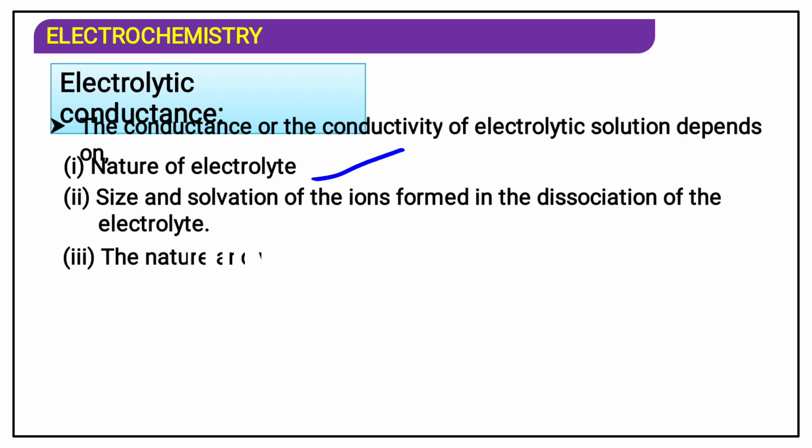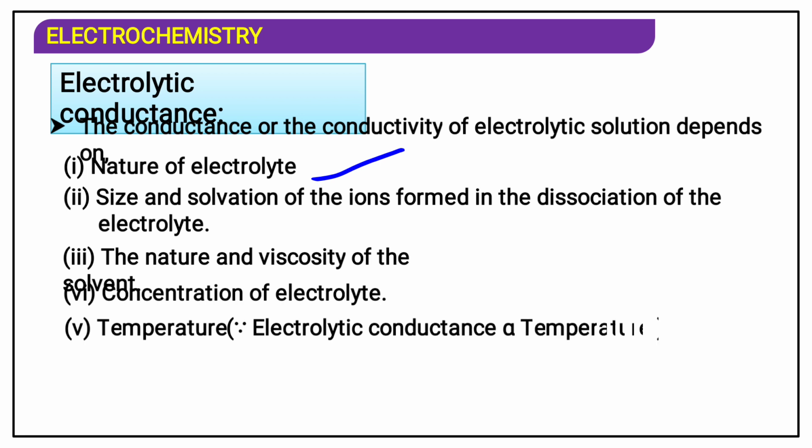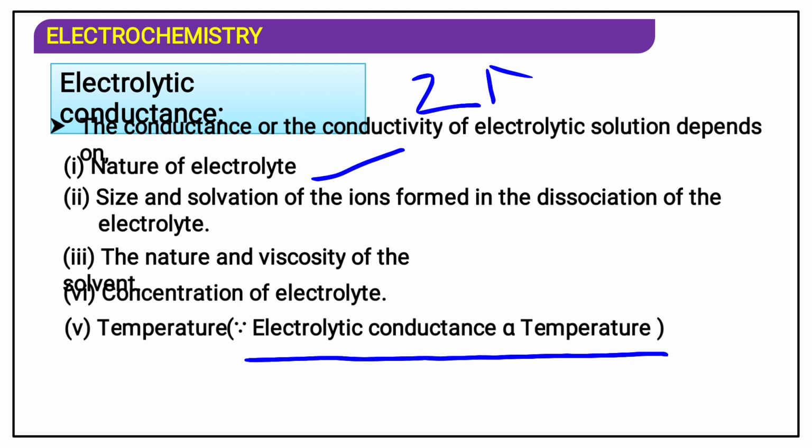Next one is the nature and viscosity of the solvent. The fourth one is the concentration of the electrolyte. The fifth one is temperature. Here temperature is directly proportional to electrolytic conductance. This is very important for 2 marks in PU level examinations.